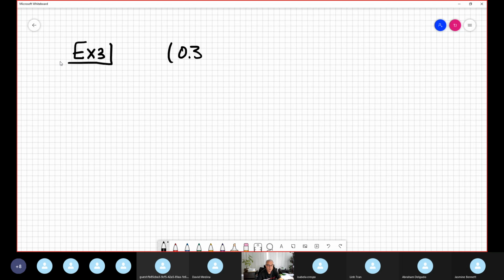0.3 raised to the 1 plus x is equal to 1.7 raised to the 2x minus 1. Well, this is a classical example that we cannot solve by manipulating both sides, because it's impossible to express it using a common base. But definitely, we need to use a logarithm.